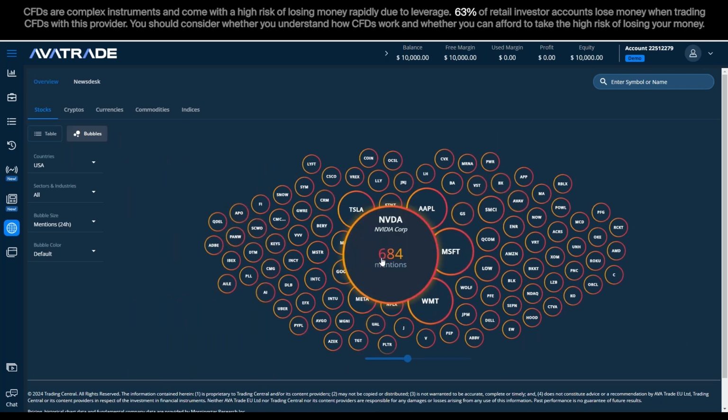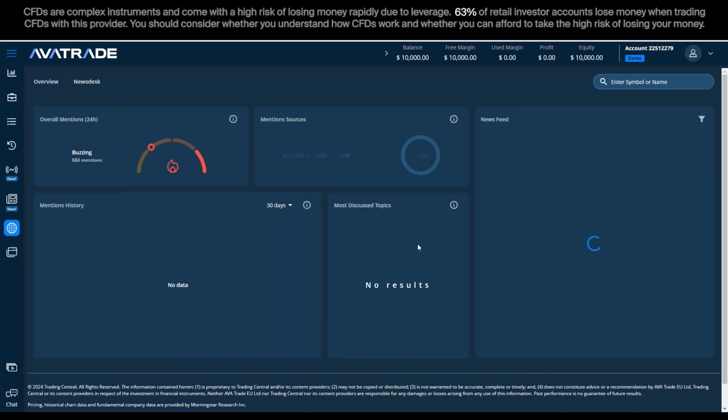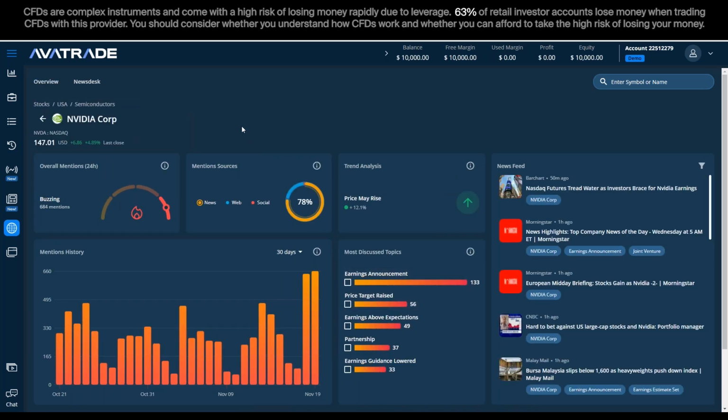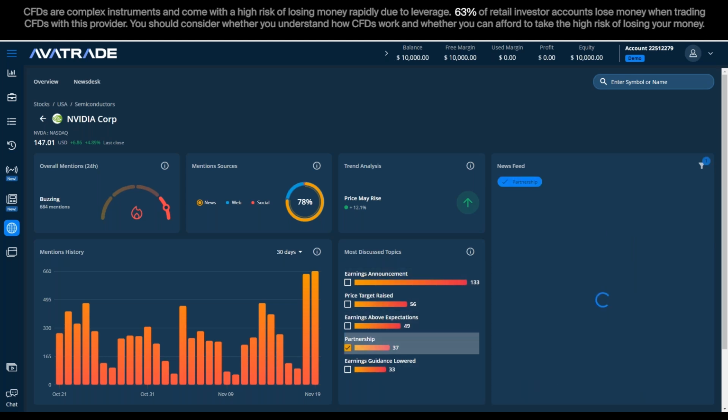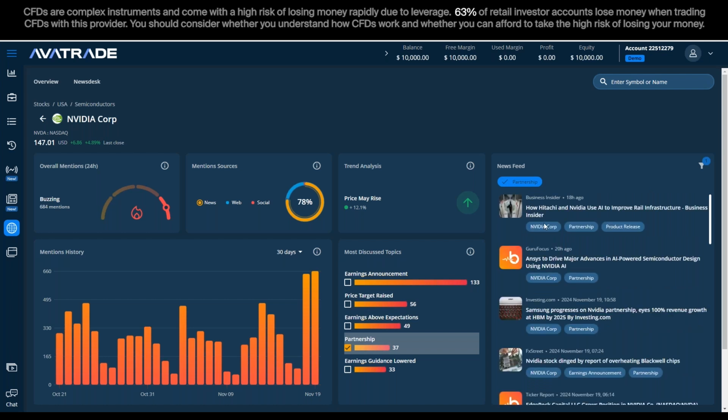And if I go with NVIDIA, I clicked on the bubble, of course. I can then see that this is separated into different topics, and I can choose to focus on, let's go with partnership. And then it's going to show me the articles related to the partnership. Right here, we have earning announcements, price target raised, earning above expectations, and earning guidance lowered.